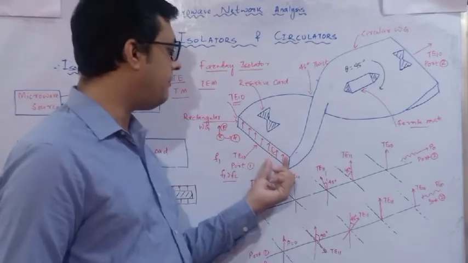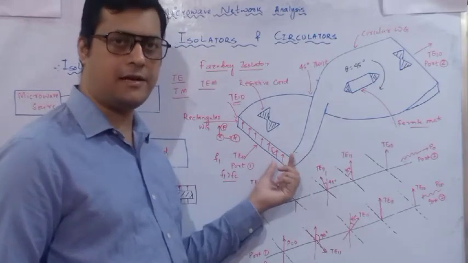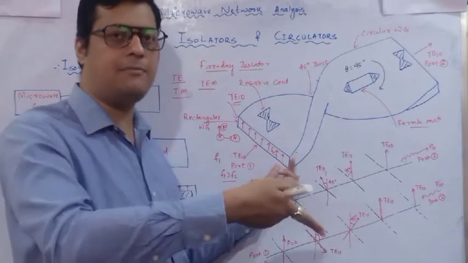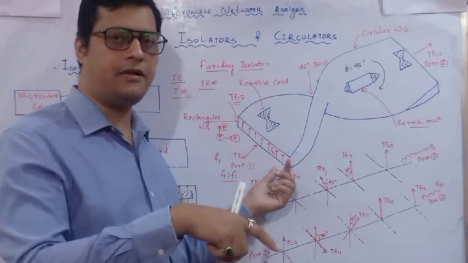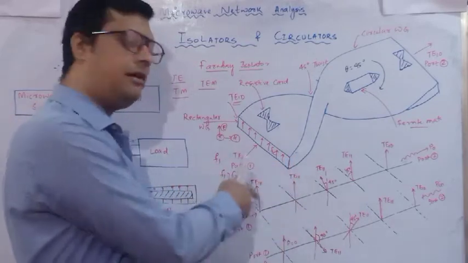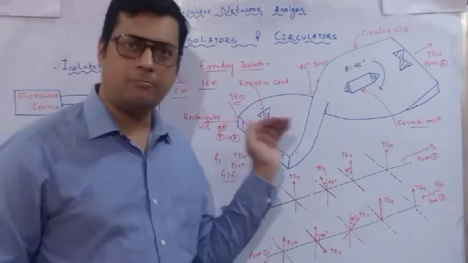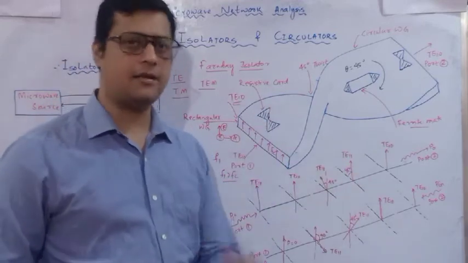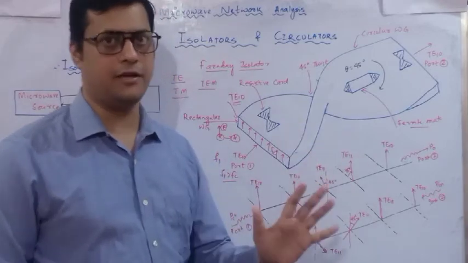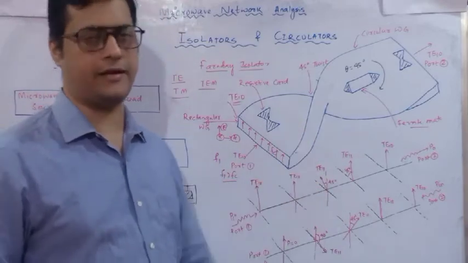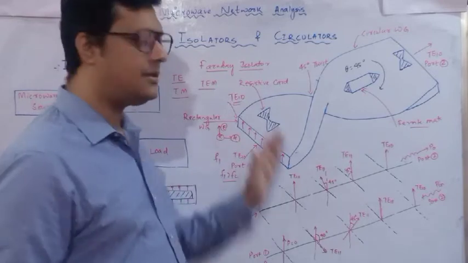If the cutoff frequency of this rectangular waveguide is Fc and I provide power with frequency F1, F1 must be greater than Fc, then only the signal is going to penetrate this device. Otherwise it will not allow it. It acts as a filter, a high pass filter. All waveguides are like this.